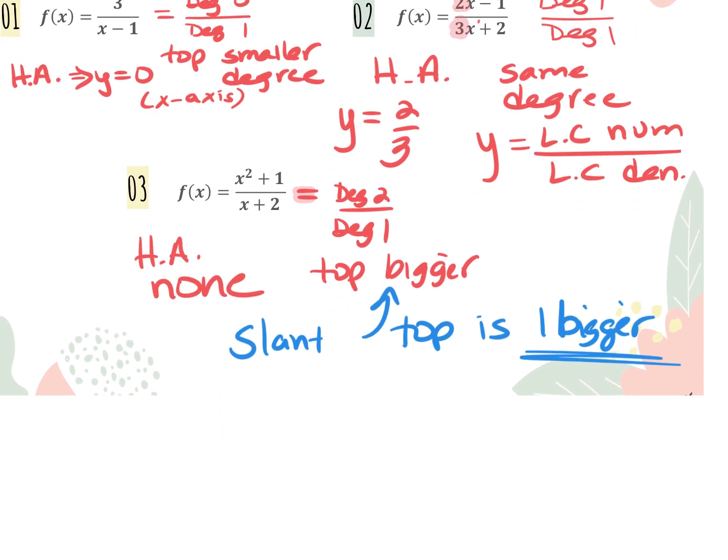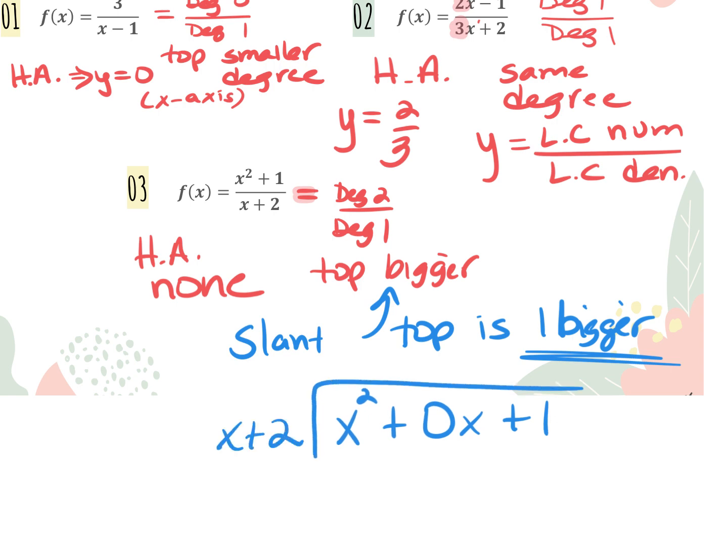So let's go ahead and do the slant right now because the other 2 did not have a slant. And it's only when the numerator degree is 1 larger. So I'm going to do long division. Remember, when you do long division, you need to hold the place for any missing terms. So the numerator did not have an x term, so I've got to hold the place with a 0x, and then I'm dividing it by the denominator.